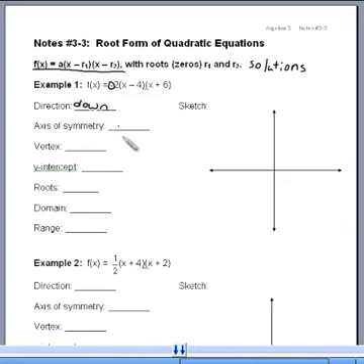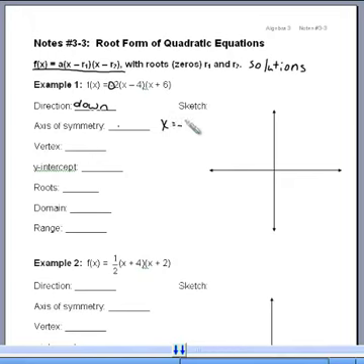The axis of symmetry, we can get because it's going to be halfway between the roots, or where it crosses the x-axis. In this case, for each root, remember you change the sign, it's the value of x that makes that factor 0.